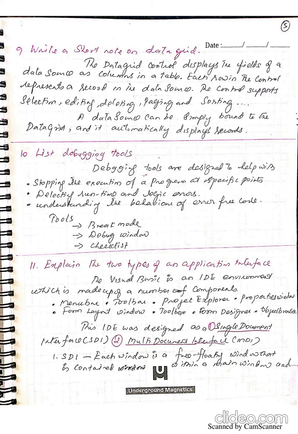Question number 11. Explain the two types of an application interface. Visual Basic is an IDE environment which is made up of a number of components: menu bar, toolbar, project explorer, form layout, toolbox, form designer, object browser. This IDE was designed as a single document interface, SDI, and multi-document interface, MDI.